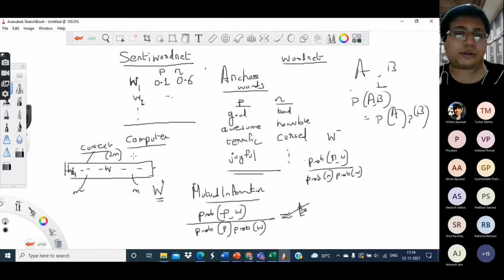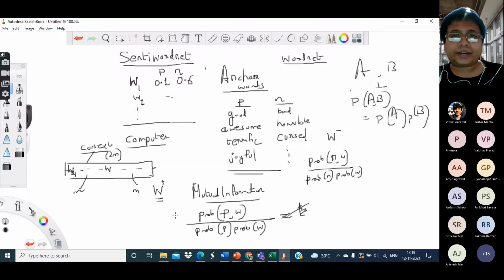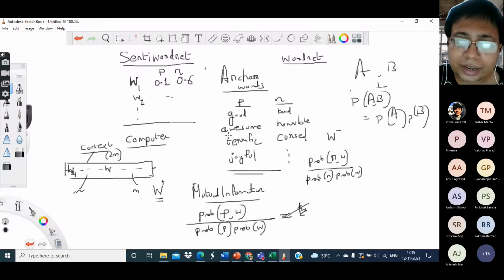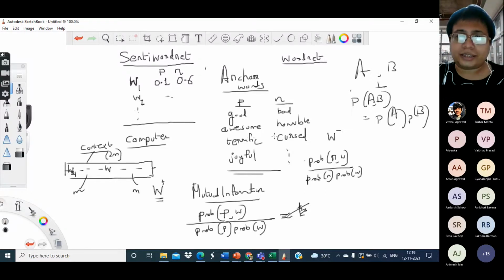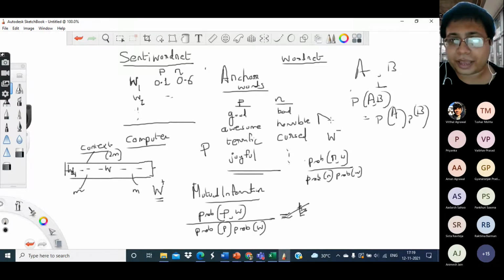You can say that this is an iterative process. So initially your anchor words were just these, and you had, let's say, capital P number of positive anchor words and capital N number of negative anchor words.